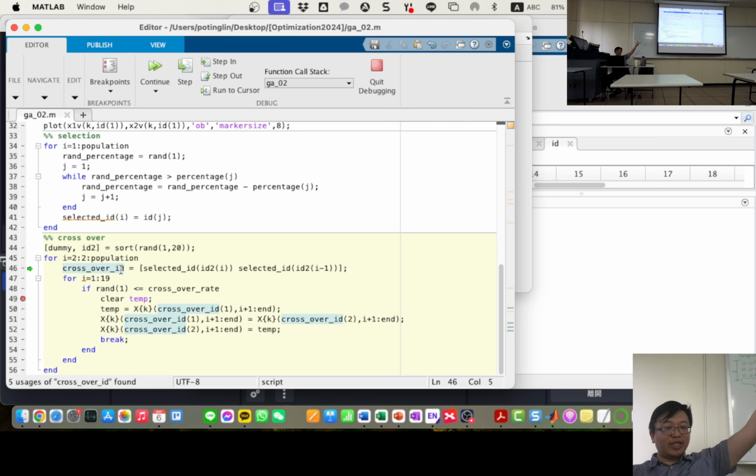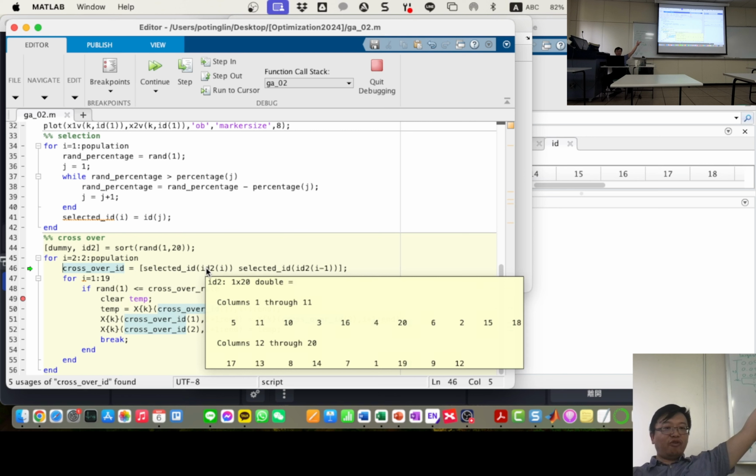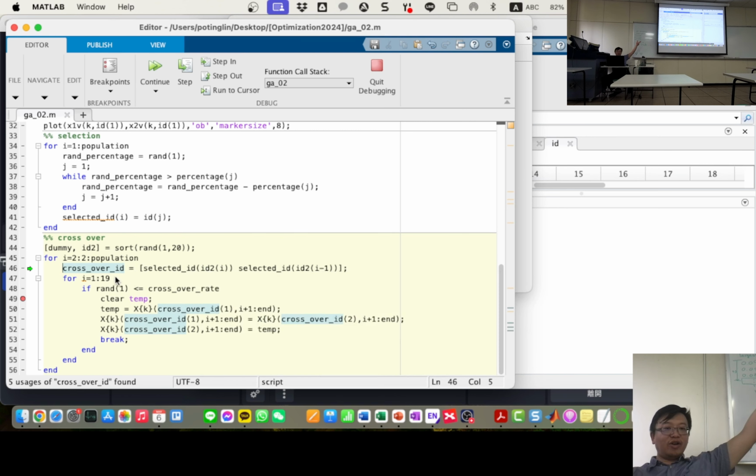Then moving on to the next crossover. Okay, and then you will perform the crossover. Earlier it was the 20th and the 6th. Now it's the 19th and 16th. So it will keep on doing this until you finish.